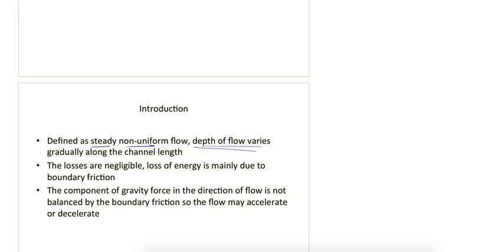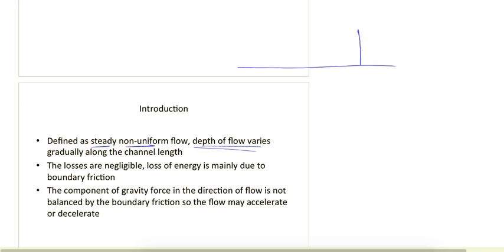Just for example, if there is some flow occurring at uniform flow depth, let's say it was occurring at this depth, and if I put an obstruction here, then because of this obstruction the depth of flow will increase slowly, and at this point it will reach the height of the obstruction.